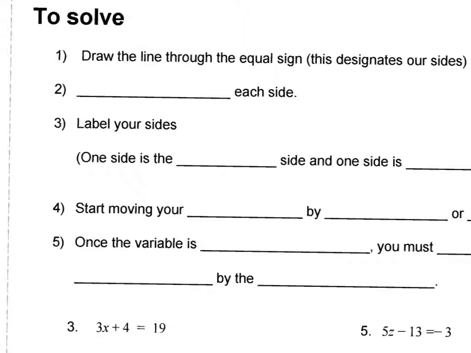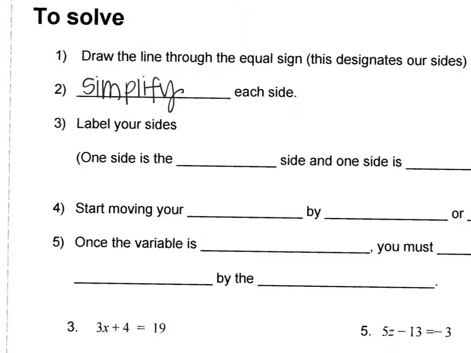Okay, step number 2 is to simplify each side. And by simplify, all that means is to combine terms that have the same last name. So we can combine constants with constants and variables with variables.